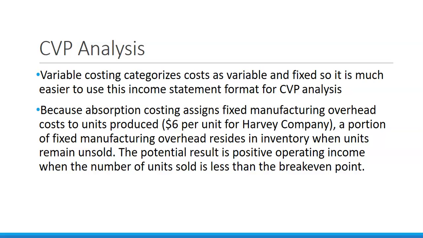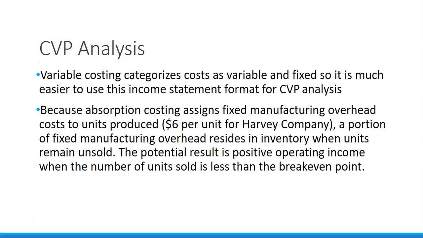So our variable costing looks at the variable and fixed, so we can use this for CVP analysis. We also know that the absorption costing assigns fixed manufacturing overhead costs to our units produced, so a portion of that fixed manufacturing overhead resides in inventory when units remain unsold.